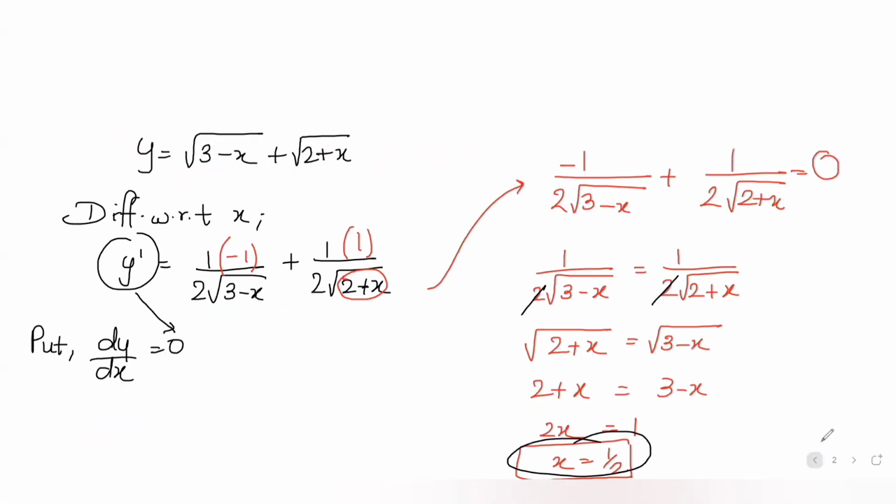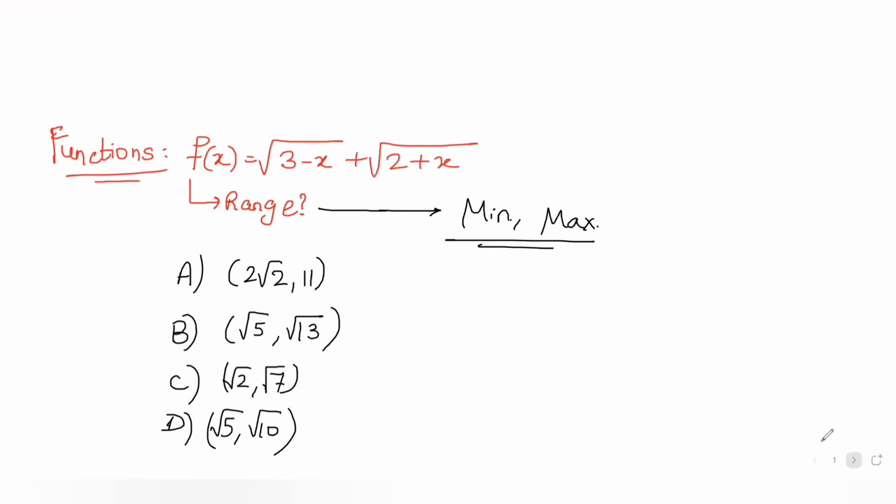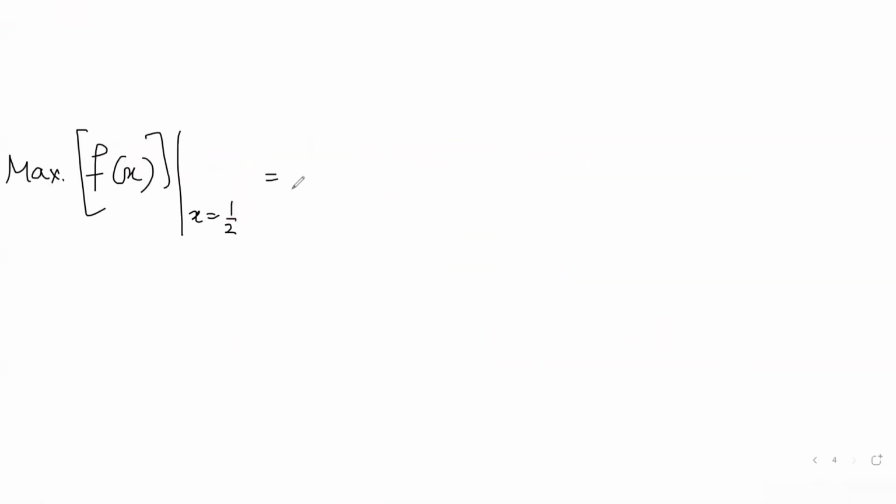So if you solve to find the maximum value of the function f of x at x equal to half, putting that in the function, that is given to us as root of 3 minus x plus root of 2 plus x. So you get root of 3 minus half plus root of 2 plus half.